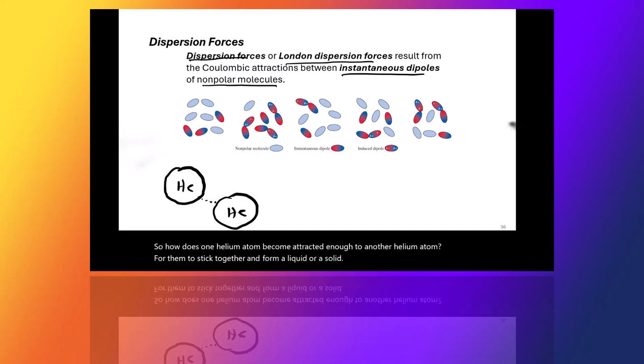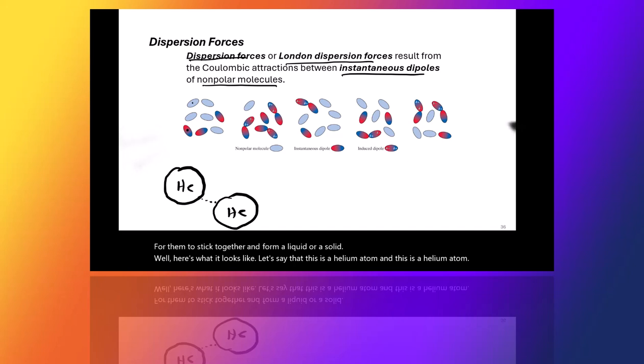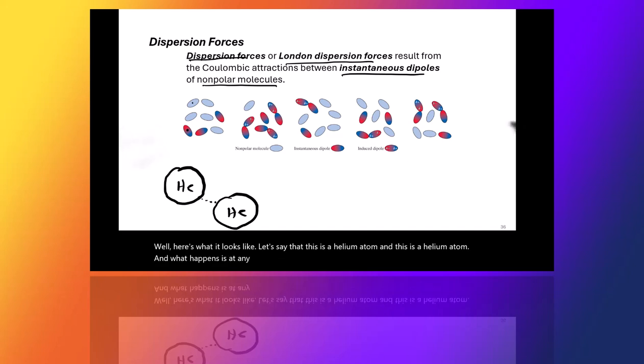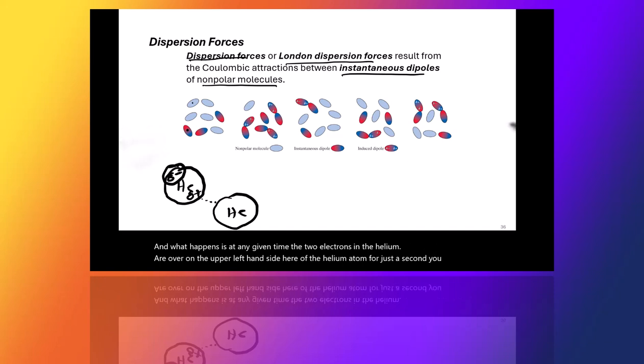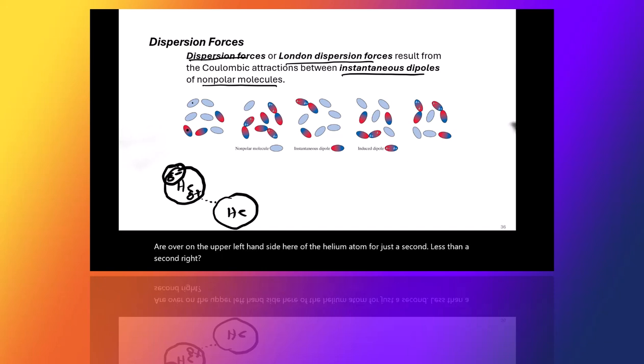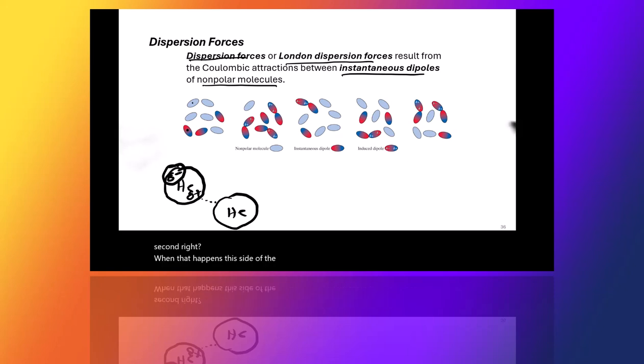Well, here's what it looks like. Let's say that this is a helium atom and this is a helium atom. What happens is at any given time, the two electrons in the helium are over on the upper left-hand side of the helium atom for just a second, less than a second, right? Well, when that happens, this side of the helium atom becomes partially negative and this side becomes partially positive.